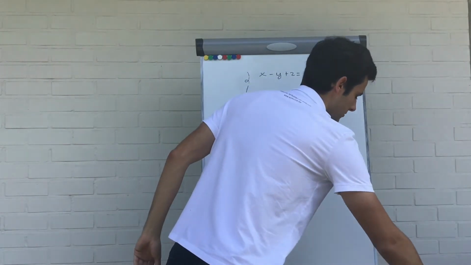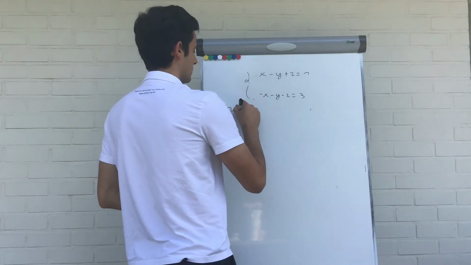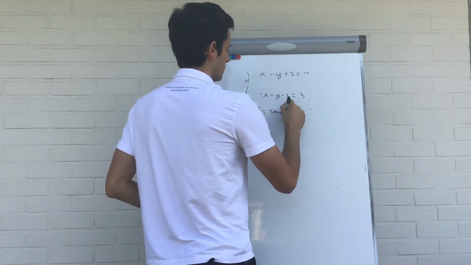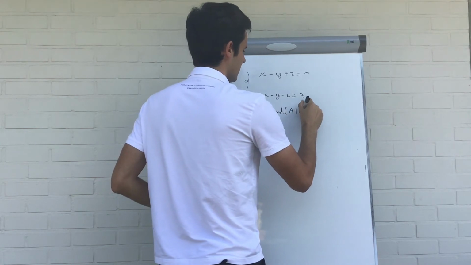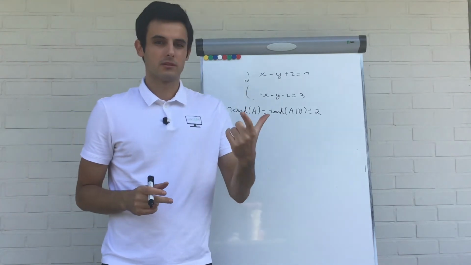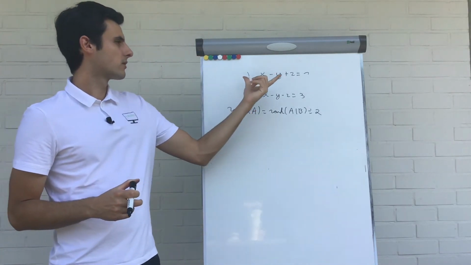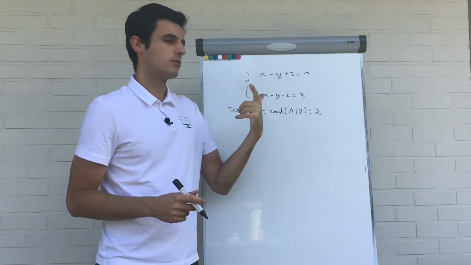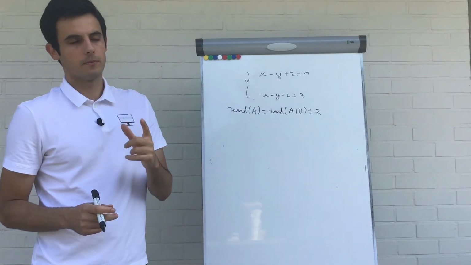So the rank of the small matrix is equal to the rank of the large matrix is equal to 2. So you see that we have one row that tells the same as the other row. So we have an infinite amount of solutions because we have one parameter.